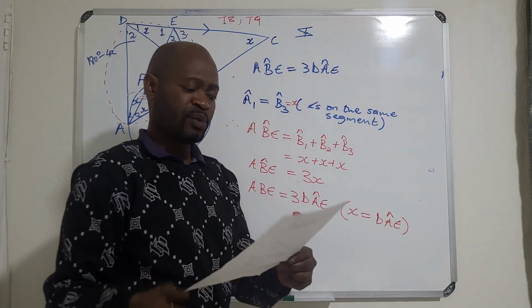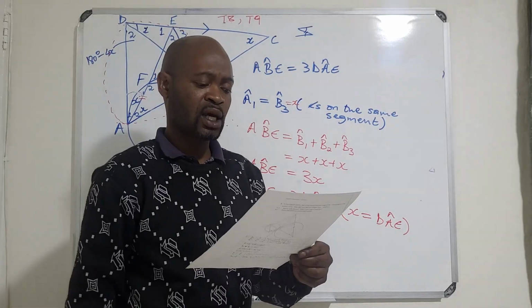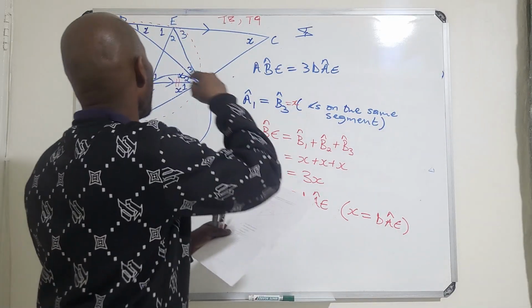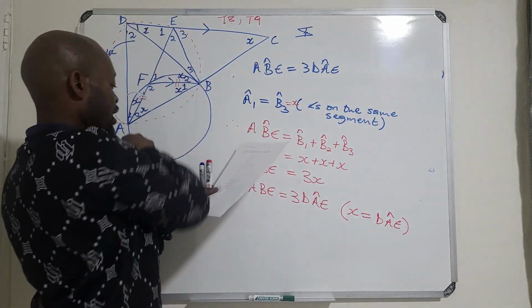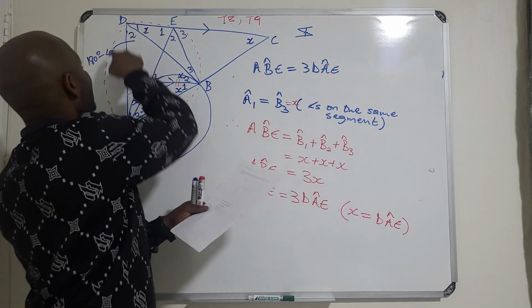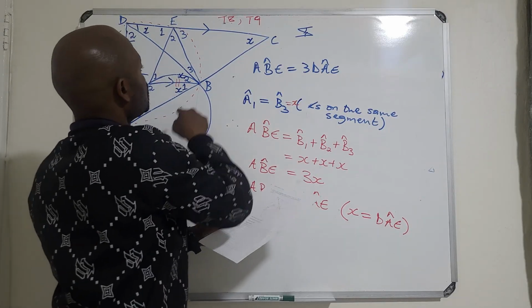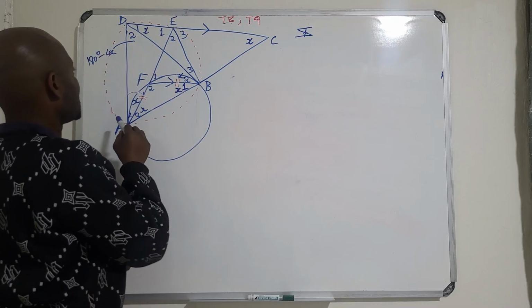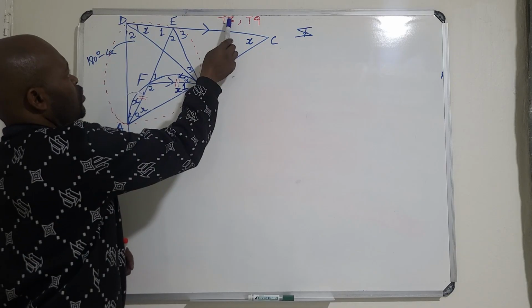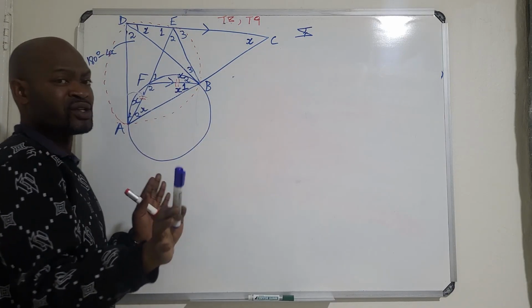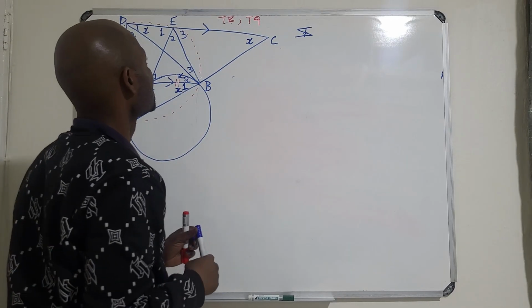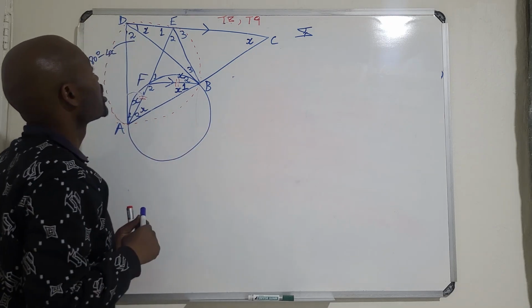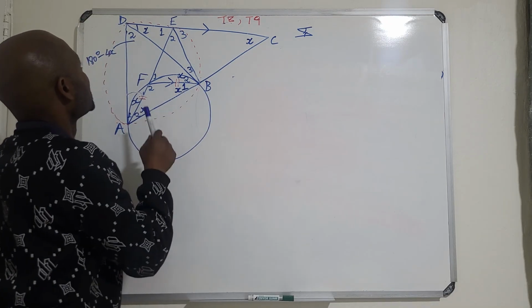Proved. Last but not least, they say to us, we must prove that AD is equal to BC. We can now use theorem number 8. We haven't been using theorem number 8 until now, so it's now that we can use it in this problem.